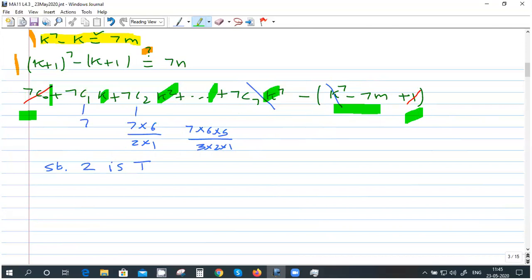And 7C7 is 1, so this will cancel with this one. The remaining terms will have 7C1, 7C2 like that. 7C1 is 7, 7C2 is 7 into 6 divided by 2 into 1, 7C3 is 7 into 6 into 5 divided by 3 into 2 into 1. So everywhere there is a factor of 7. The 3 will cancel with this one, 2 will cancel with this one. So everywhere there is a factor of 7. So this is true.